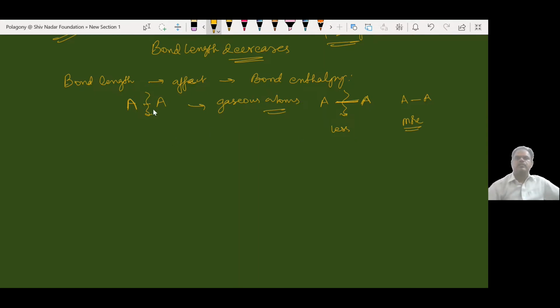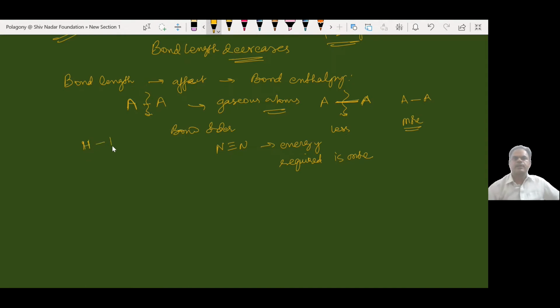So bond enthalpy depends upon the distance between the two atoms, and it also depends upon bond order. So to break a triple bond, the energy required is more compared with a single bond.